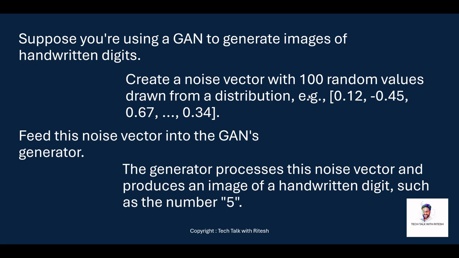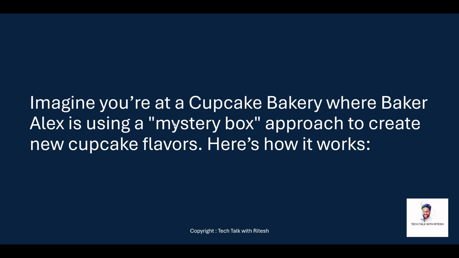So I'm explaining in very simple language, but with this distribution, this noise vector, the GAN generator will use this noise vector, and then the generator processes it and produces an image of a handwritten digit such as the number 5. So in a nutshell, noise vectors are just random values which are numeric values.